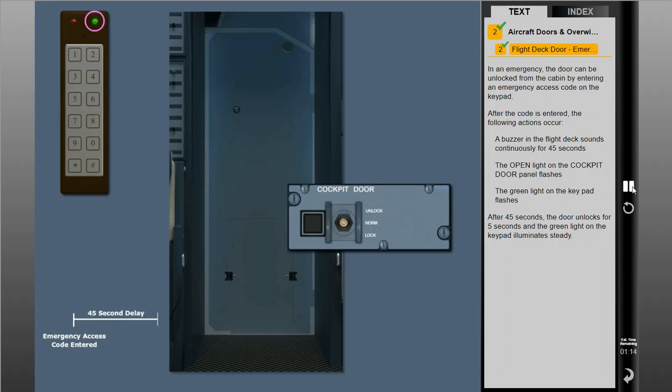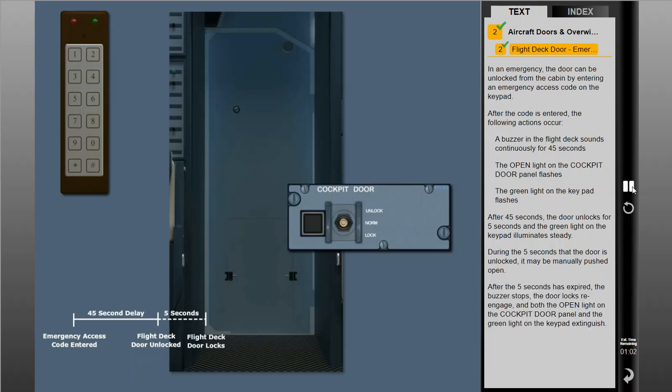After 45 seconds, the door unlocks for 5 seconds, and the green light on the keypad illuminates steady. During the 5 seconds that the door is unlocked, it may be manually pushed open. After the 5 seconds has expired, the buzzer stops, the door locks re-engage, and both the open light on the cockpit door panel and the green light on the keypad extinguish.